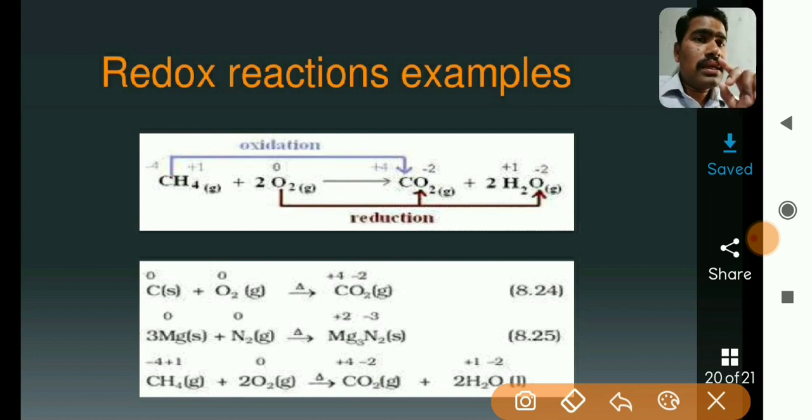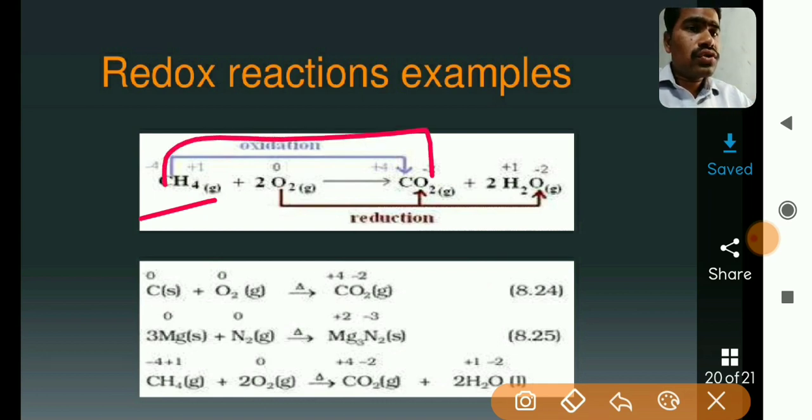Now see here, in CH4, carbon has been added with oxygen, so this is nothing but the oxidation reaction. And if you see this O2, O2 is added with the hydrogen.